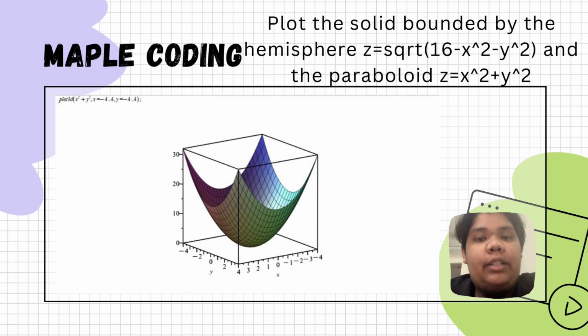So let's do our last question, which is question 4. First we do our first surface, and we use the command plot 3D and enter our first equation, which is x squared plus y squared, where the limit for x is negative 4 to 4, and the limit for y is negative 4 to 4 also, and we get this shape.